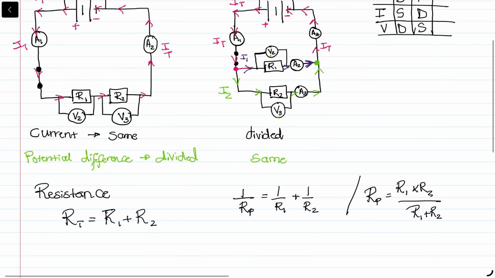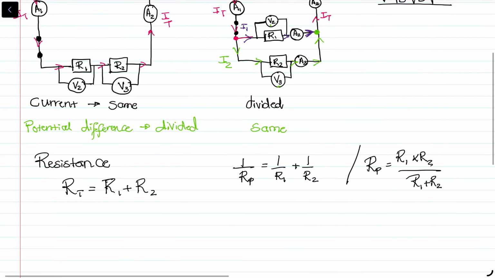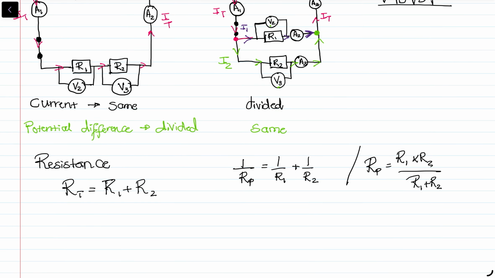In this case, I want us to know this. For the series one, R1 and R2 can be resistor 1 and resistor 2. However, for the parallel one, I don't want us to know R1 as resistor number 1, but I want us to know R1 as all the resistors on the first path.